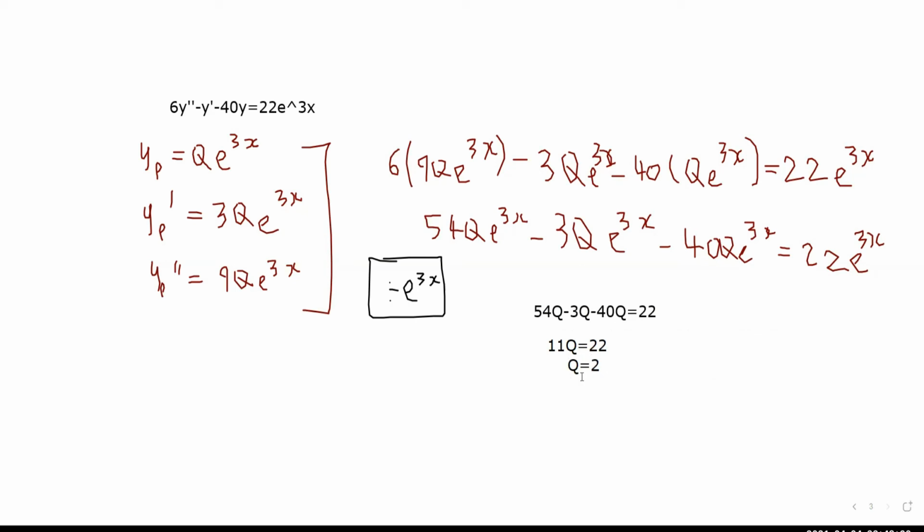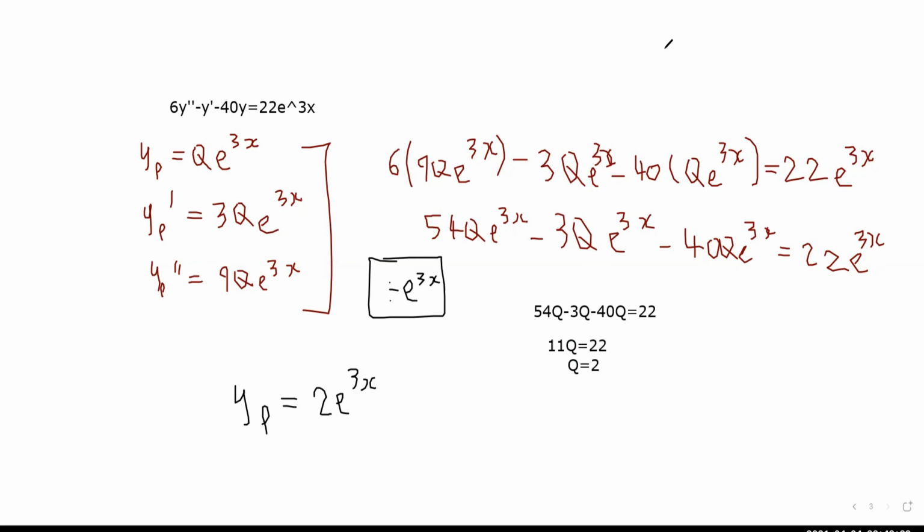Now that we're getting q equal to 2, we have our particular solution. Our particular solution, yp, is equal to 2 times e to the 3x.